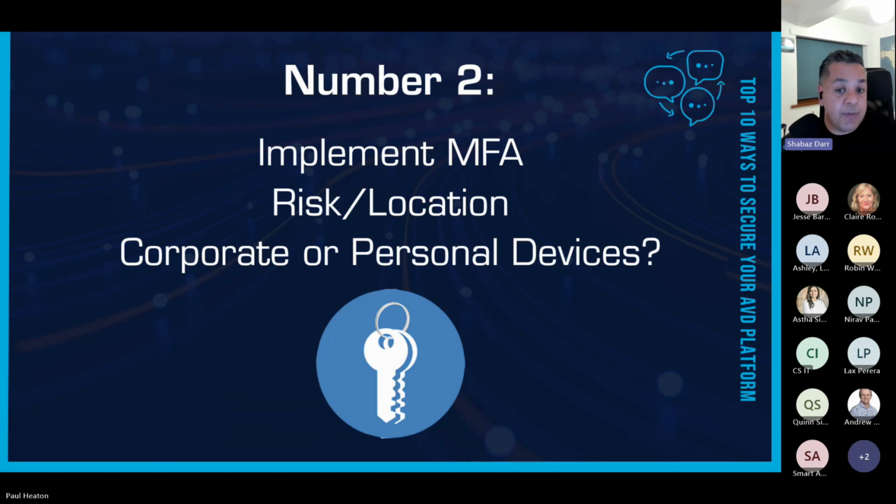But again, there are other ways you can protect your data, but still give people access to AVD from their personal devices, and that includes using stuff like Purview, and conditional access to protect, so users can't download data from within AVD and they can't copy anything. So again, it's important to decide what devices you are going to allow access from.